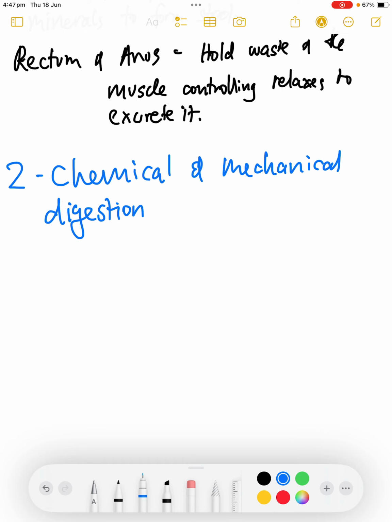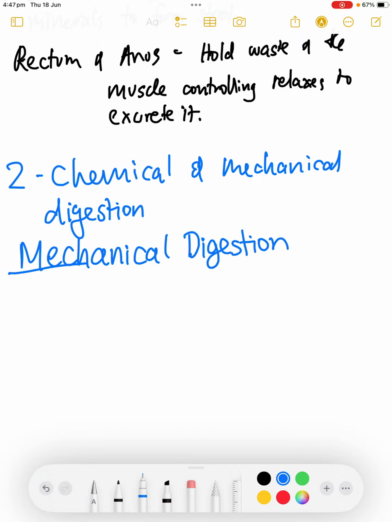What I'm going to talk about now is chemical and mechanical digestion. We'll first go through what mechanical digestion is. Pretty much, mechanical digestion is basically three processes: mastication, peristalsis, and emulsification of lipids, and that's it.